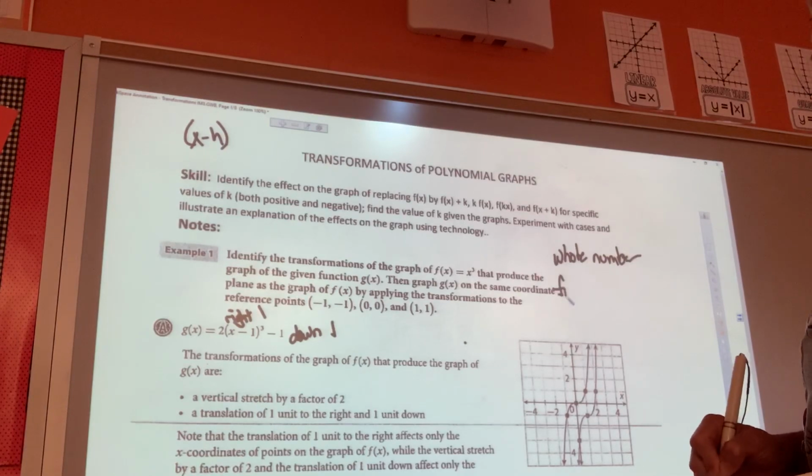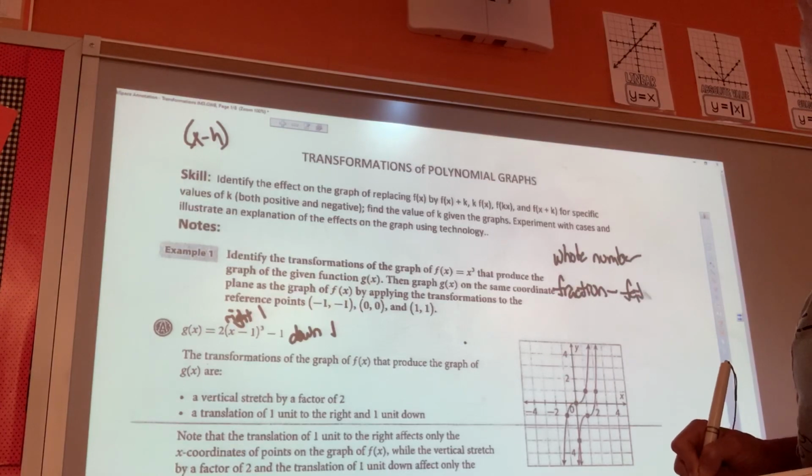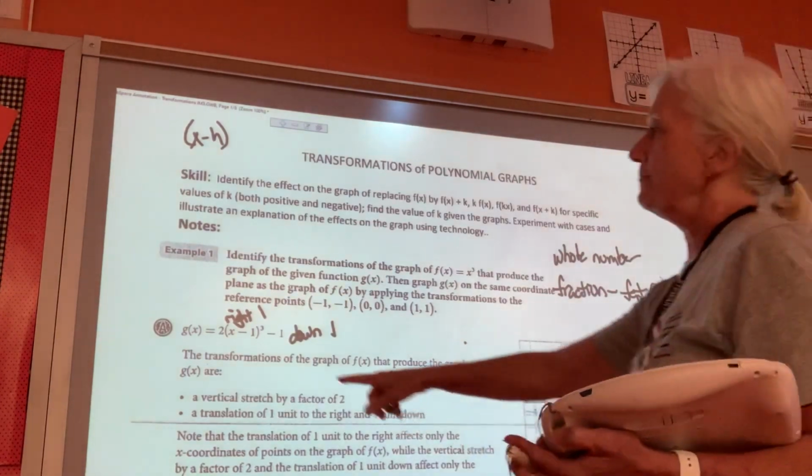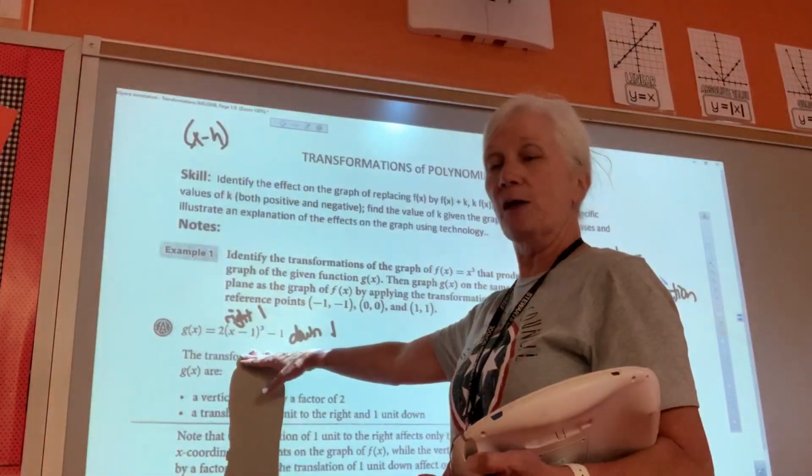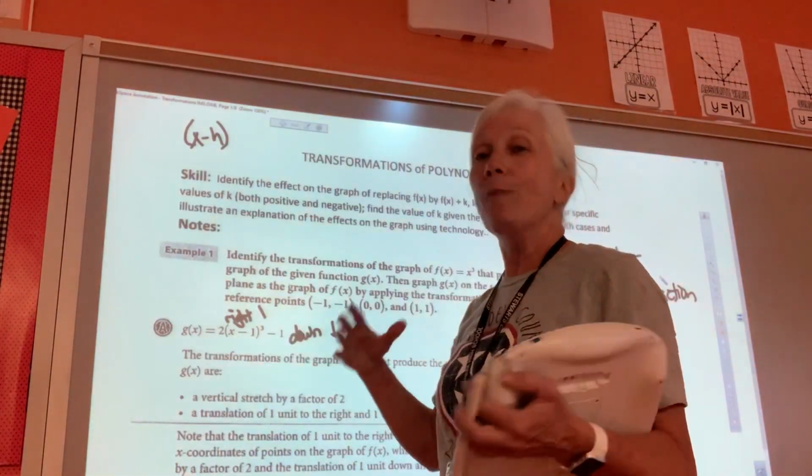One way that I like to recognize these is when there is a whole number, and when it is a fraction. Think fat fraction. If there is ever a fraction in front of your function, then it's going to make it wider.